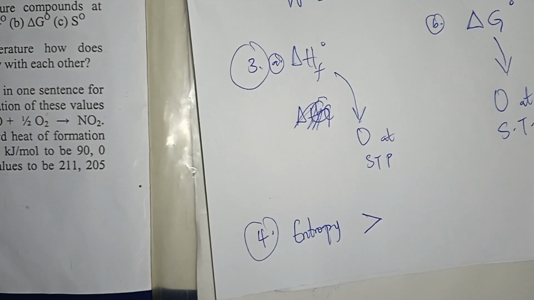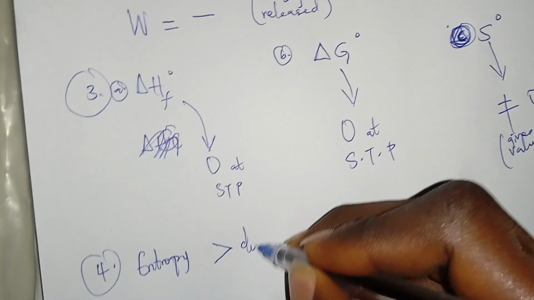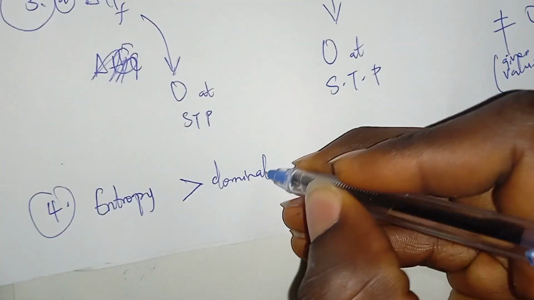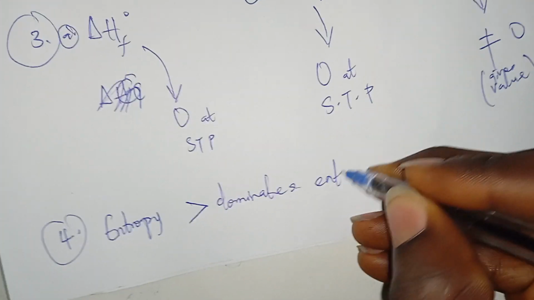So at high enough temperature, entropy dominates enthalpy.